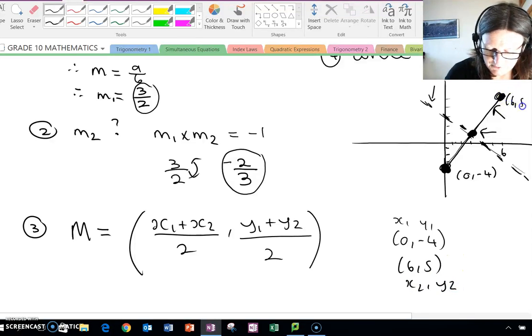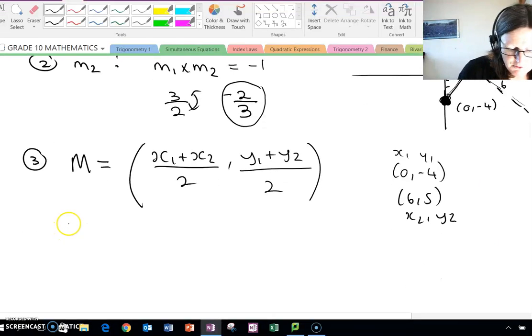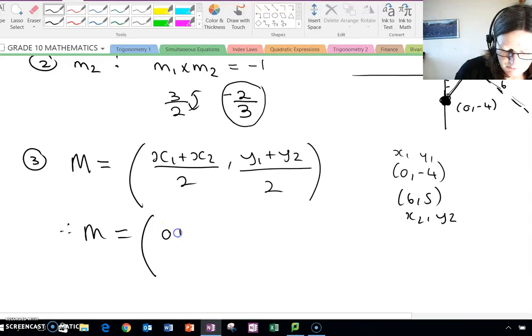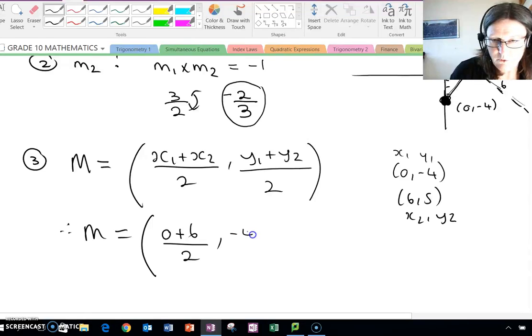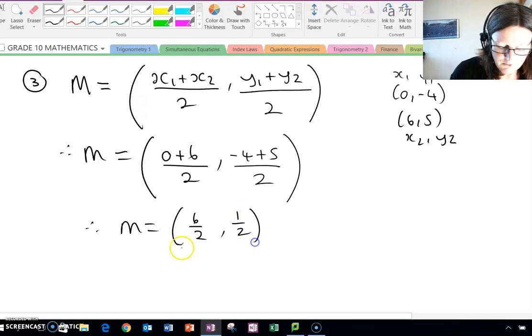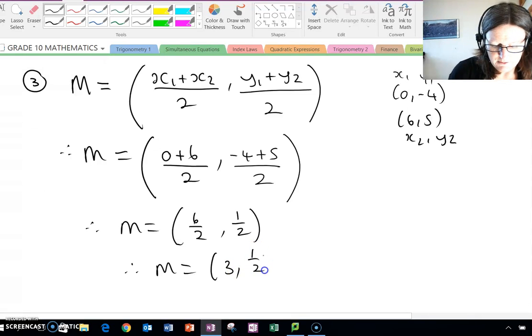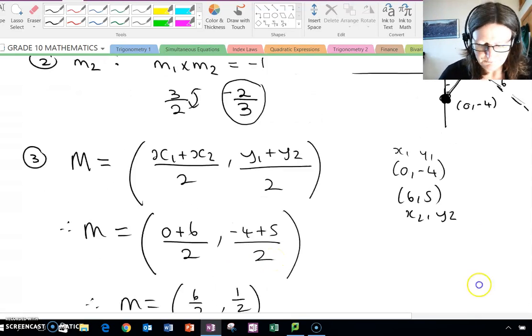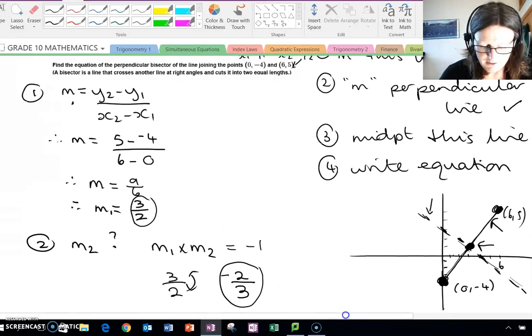Let's substitute those in: x1, 0 plus x2, 6 over 2, and y1, -4 plus y2, 5 over 2. Working those out, that is 6 over 2, which is 3, and 1 over 2. So that's our midpoint, (3, 1/2). So I've done step 3.